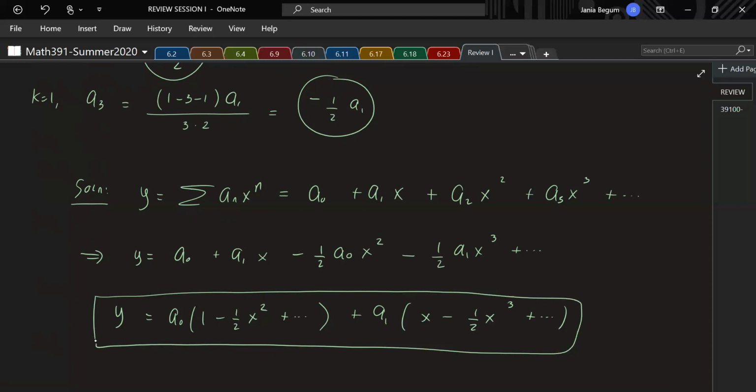Okay, any other question you want to go over? Professor, could we look at one of the problems from the 2011 final? Okay, let me pull that up.